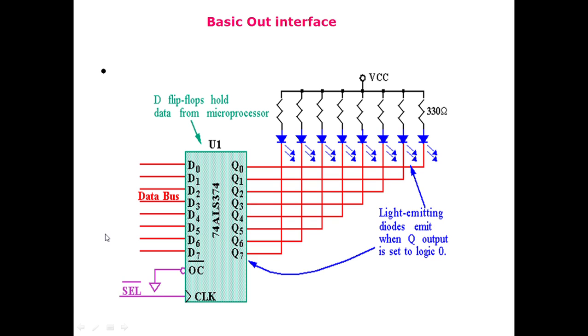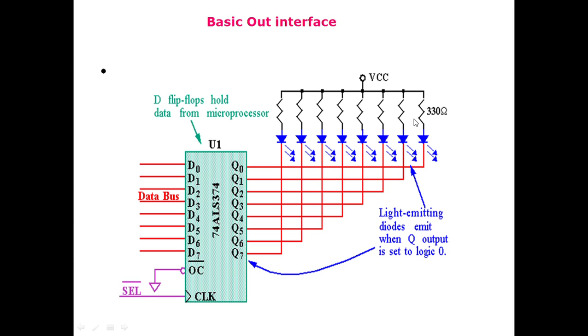Whenever the microprocessor is executing an out instruction that is sending 8-bit data to an input and output port, this select line is 1, but when that instruction is being executed, it would generate an input and output address, and that address would be decoded by the external circuitry to choose this line as 0, and this would serve as the clock signal for these D flip-flops, and these D flip-flops would then be able to pass on the 8-bit data provided here to here, and when this 8-bit value is provided here, this would light the light emitting diode, and this is a kind of output device.